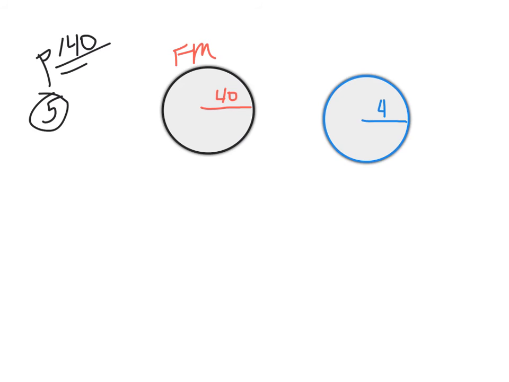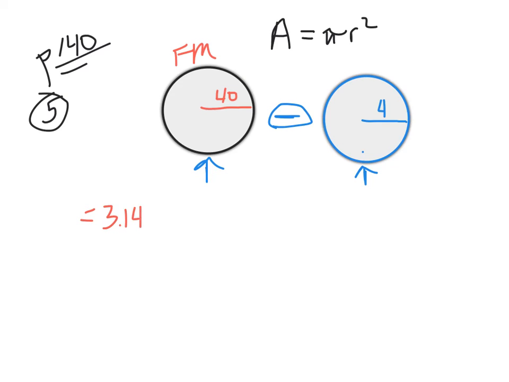How much more area does the FM cover than the AM? So it actually wants to know the difference. It wants to know how much more this one covers compared to this one. Well, first we have to find the area of each, and then you can subtract the difference. So to find the area, again, the area of a circle is pi r squared. So for the FM station, we have 3.14 times the radius, which is 40, squared.